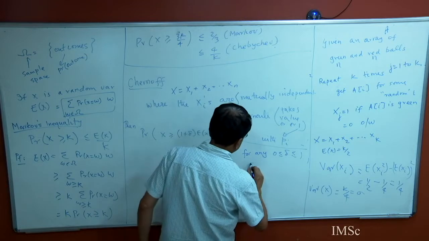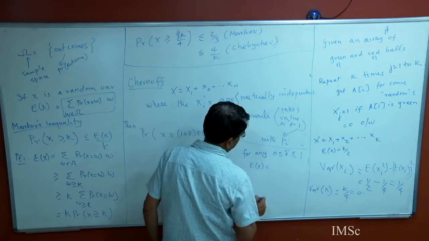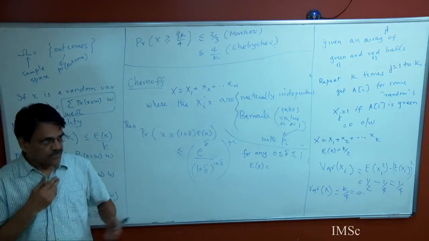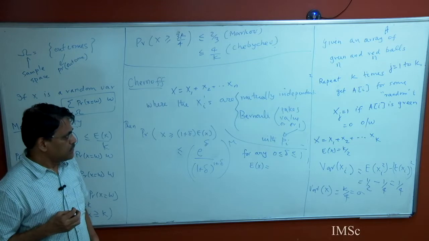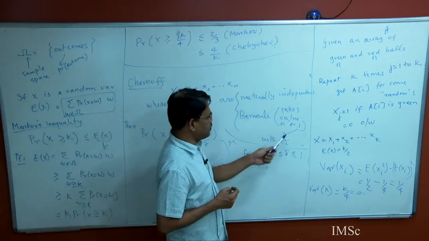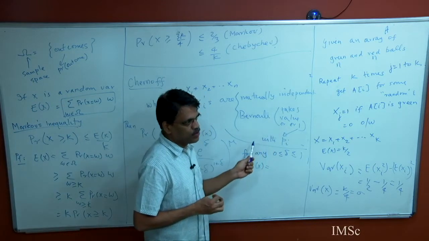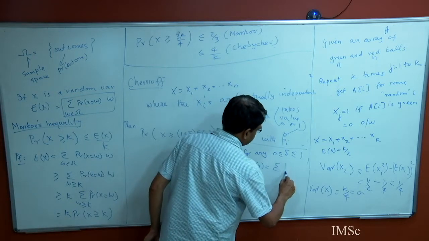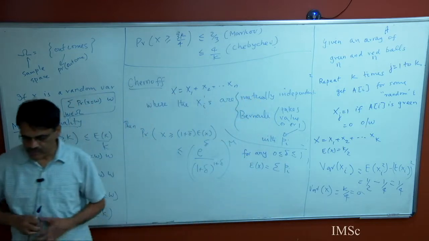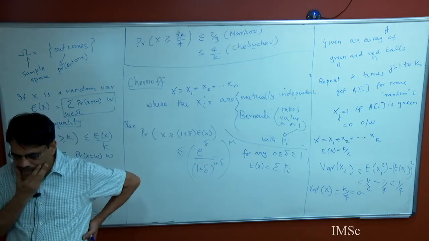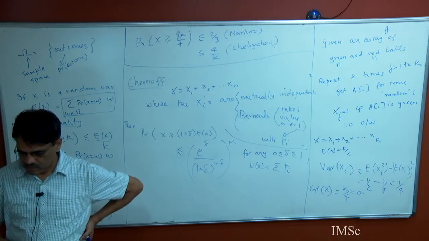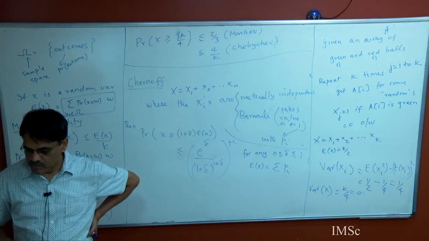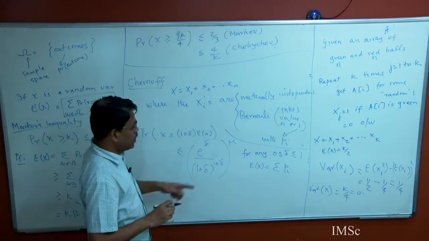And what is the expectation for this random variable x? Each xi will take 1 with probability pi and 0 with probability 1 minus pi, so the expectation is summation pi, which is mu.